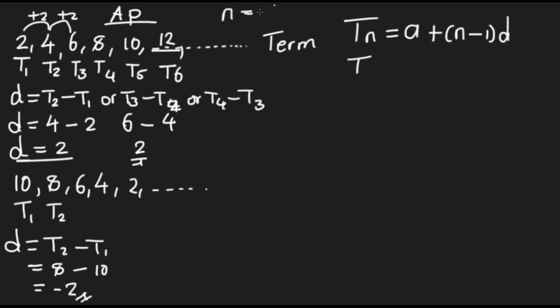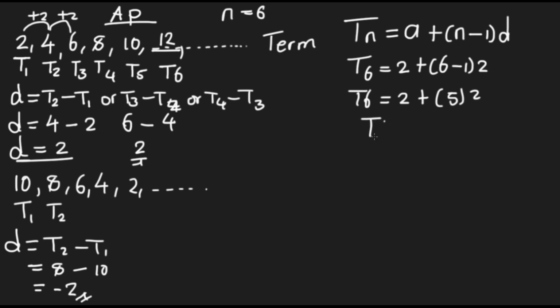The number of terms is 6, so where there is n, we put 6. a is the first number in our sequence, which is 2, plus n, which is 6, minus 1, multiplied by our common difference, which is 2. So we have T6 is equal to 2 plus the difference between the two numbers in brackets, which is 5. If we multiply 2 by 5, we get 10. Then the sum of these two numbers is 12. So we can see that we are still getting the same number.